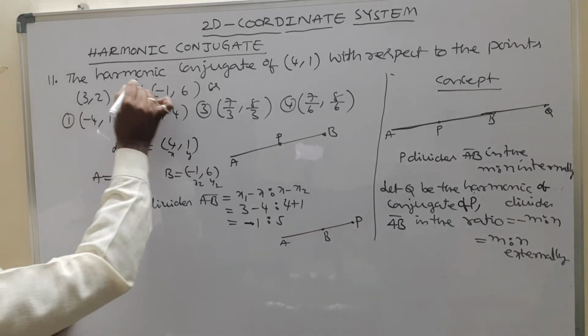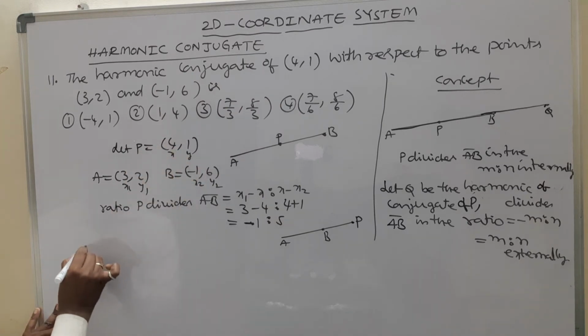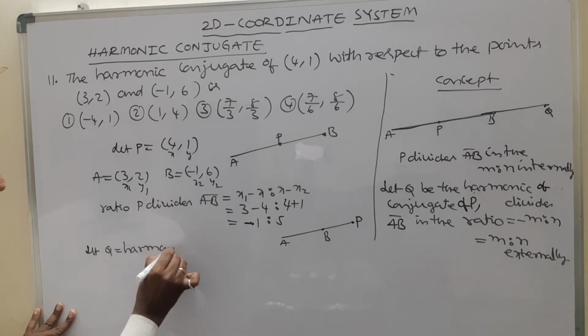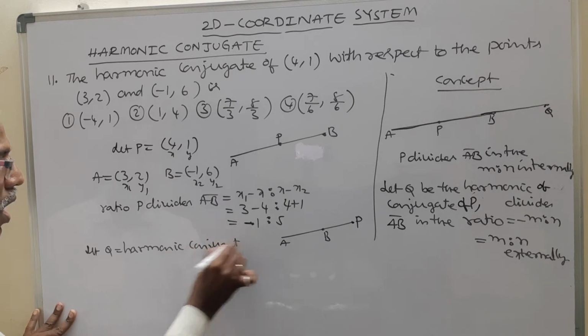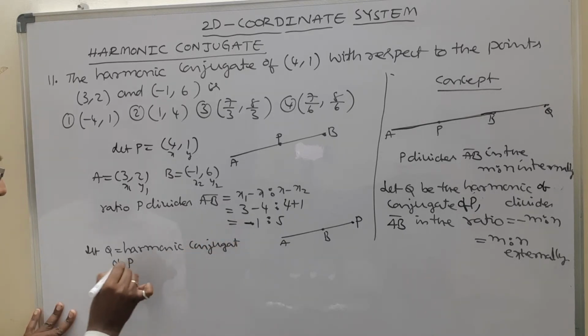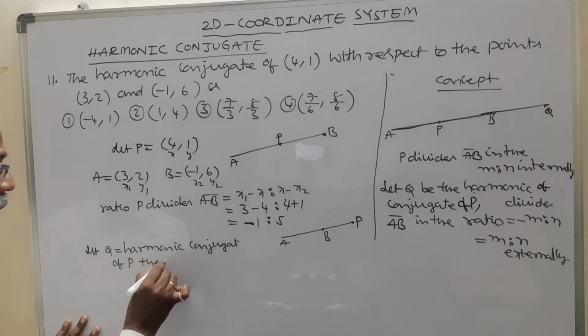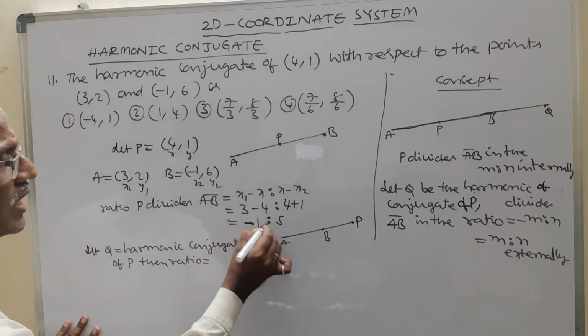Next, to find the harmonic conjugate of P, let Q be the harmonic conjugate of P. Here the ratio is negative, minus 1 is to 5.